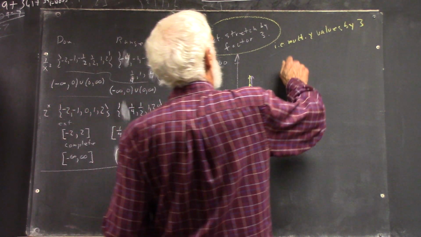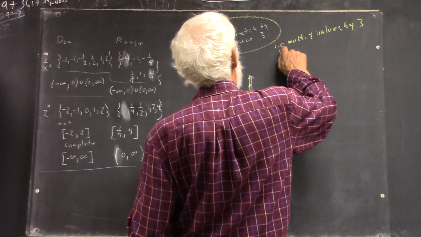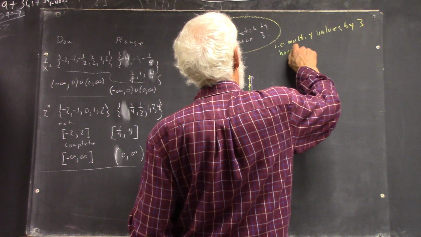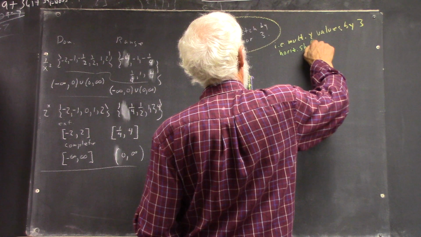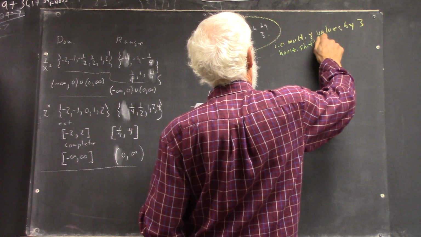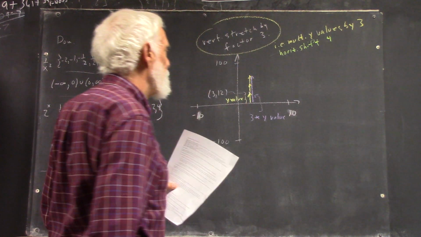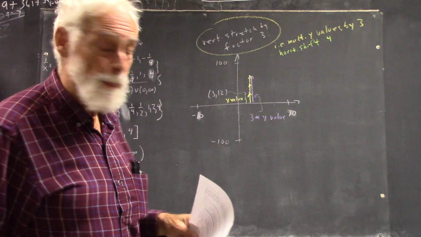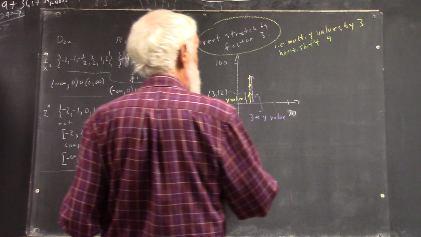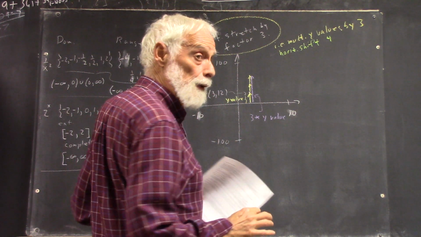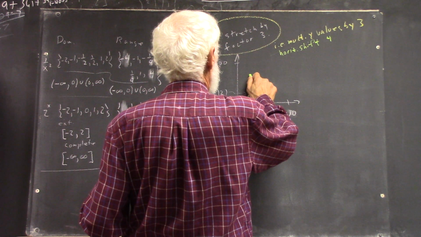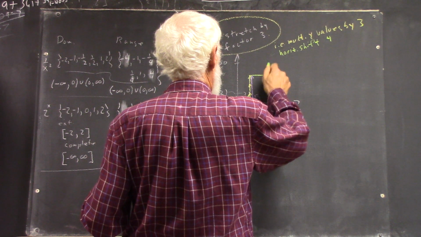Okay, so let's say we do a horizontal shift of 4. What's that mean? It means we move 4 units in the horizontal direction. So how big is 4?